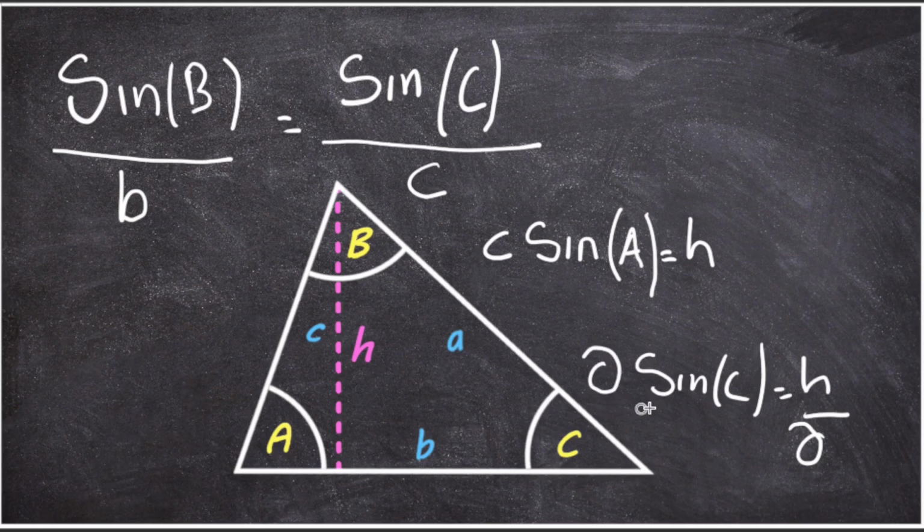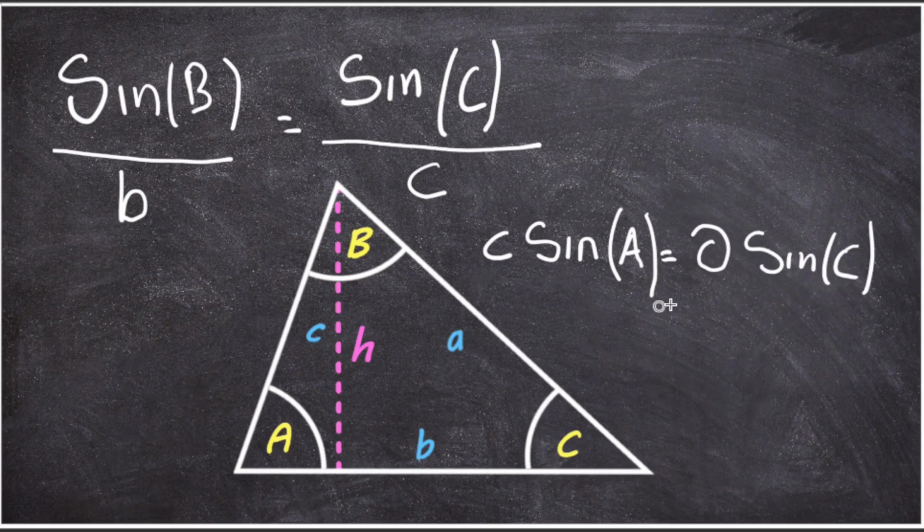Then on the left hand side we get a times sine of C, and on the right hand side we get h over a times a, and the a's cancel, and that gives us the result that a times sine of C equals h, which must mean that c times sine of A is the same as a times sine of C. Now what we have to do is rearrange the equations slightly.